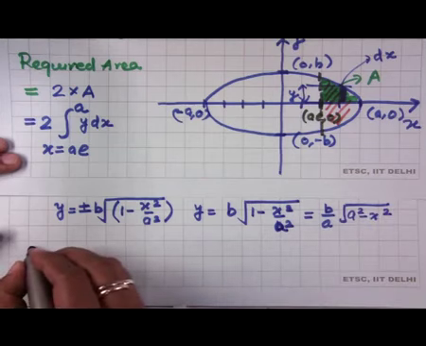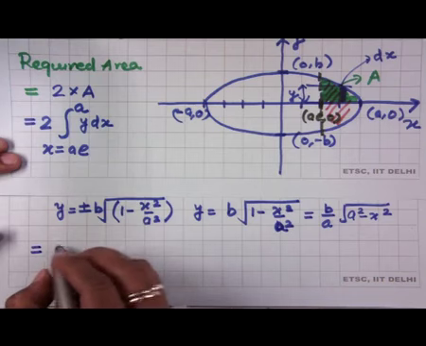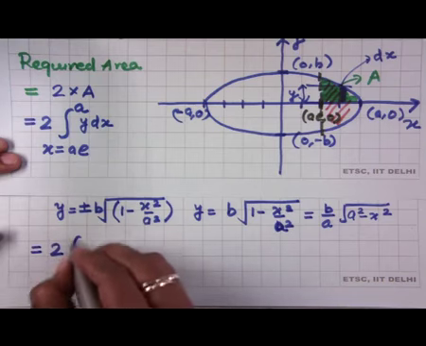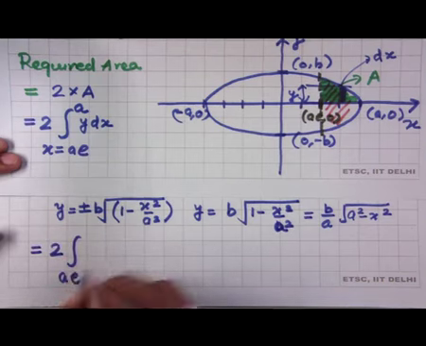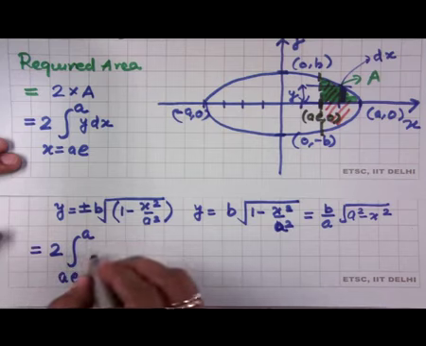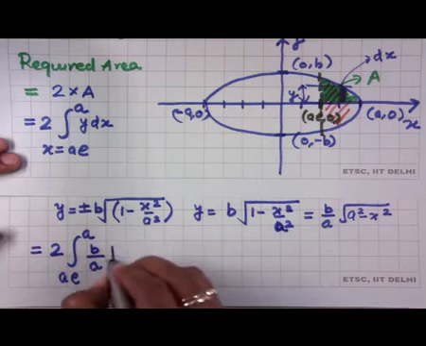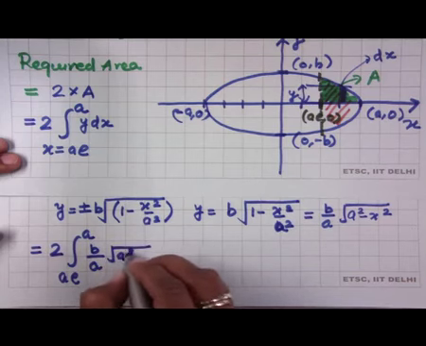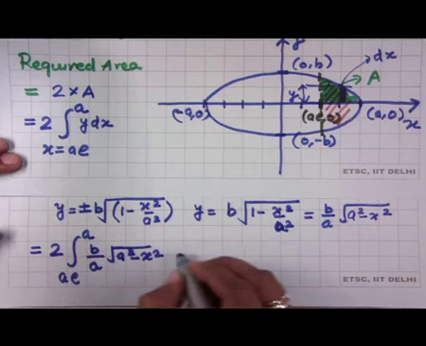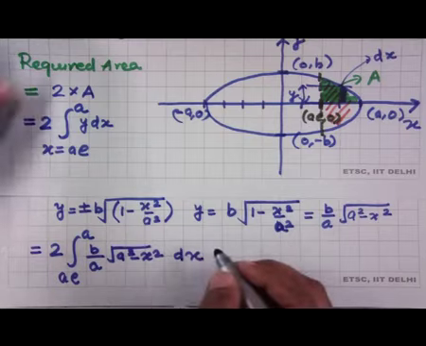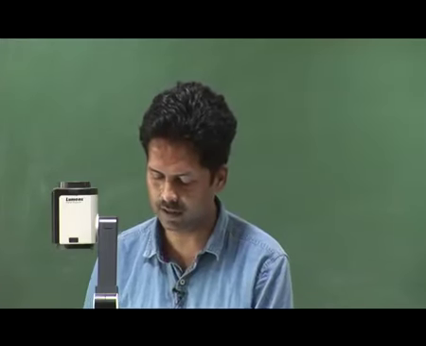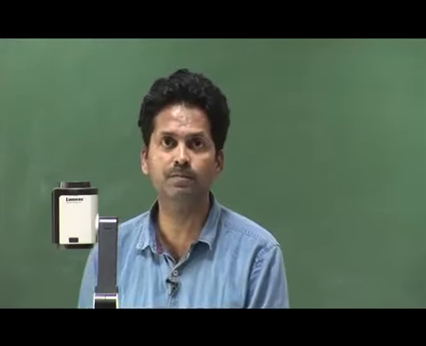So, the required area is therefore 2 integral from AE to A of b by a under root a square minus x square dx. Let us solve this integral and get the value.